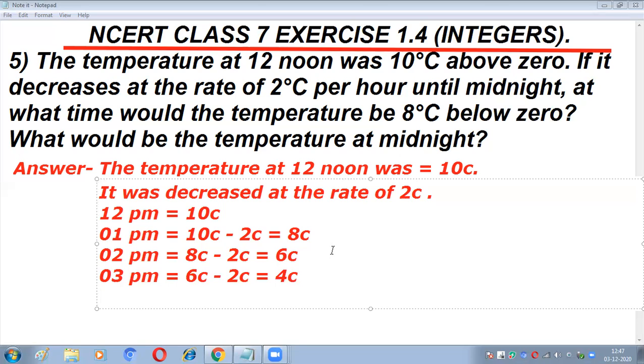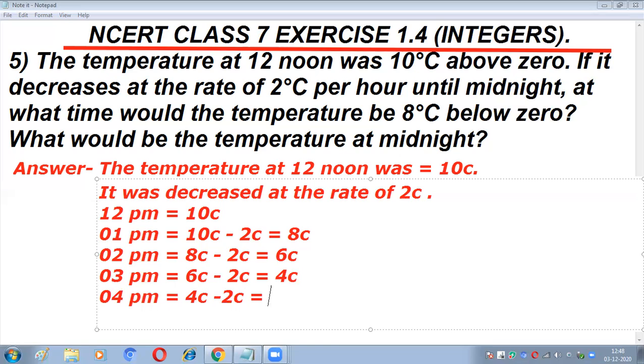Okay, 4 p.m. is equal to 4 degrees Celsius minus 2 degrees Celsius is equal to 2 degrees Celsius.